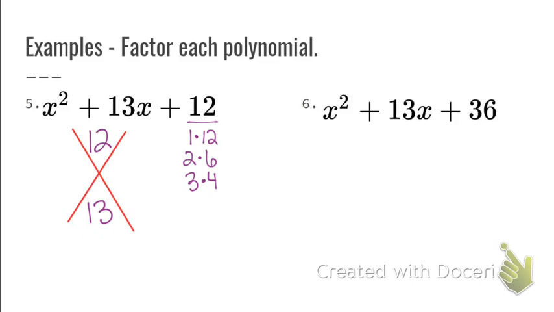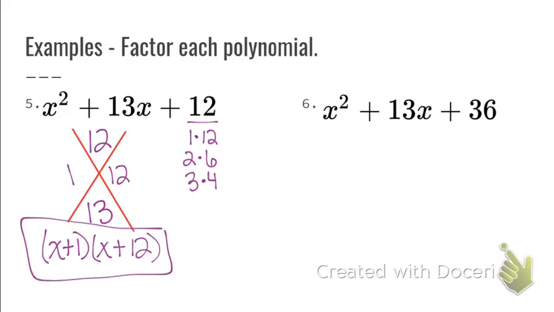All right, the only one that adds up to 13 is going to be 1 and 12. So x plus 1 times x plus 12. Multiplies to 12, adds up to 13. Remember, we're trying to multiply to the constant and add to the coefficient in the middle.